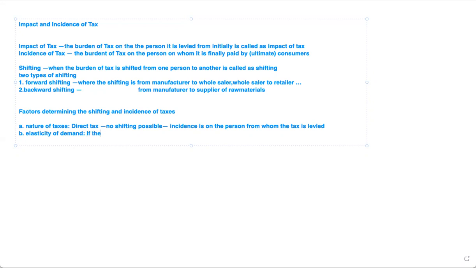If the elasticity of demand for a product is very high, right? Elasticity of demand मतलब जैसे ही प्राइस बढ़ता है, राइट? प्राइस इलास्टिसिटी ऑफ डिमांड याद है आपको? जैसे प्राइस बढ़ता है, I'm sorry, जैसे ही प्राइस बढ़ता है प्रोडक्ट का डिमांड कम होएगा, राइट?